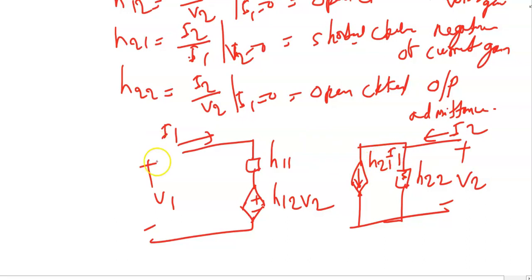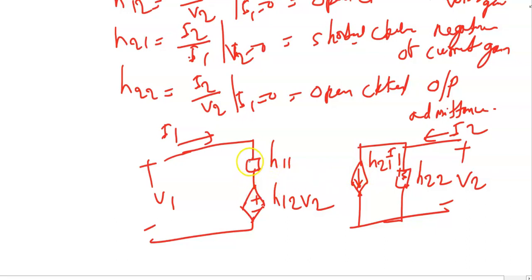So these parameters are extensively used in modeling of transistors. That part will be covered in analog electronics. So you should understand these concepts so that it will be helpful to understand it in analog electronics. So it is very clear, H22.